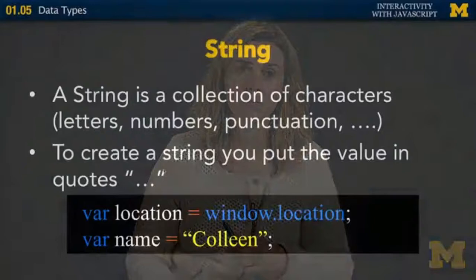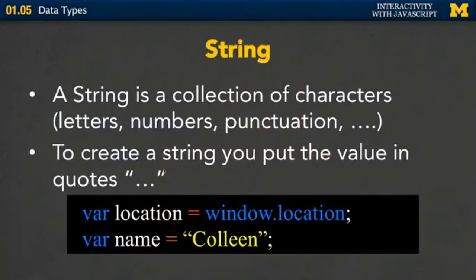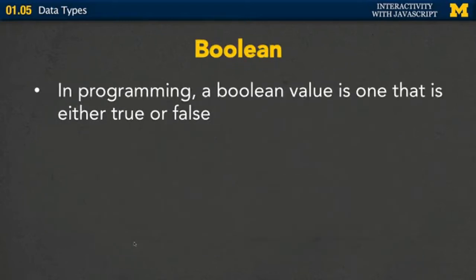Make sure you don't copy and paste, and instead you do the quotes directly from your keyboard, because the slant does matter. So in this case, I've done var location equals window.location, because it happens to be that that attribute is a string. Or in my second example, once again, I've just hard-coded it to something you might expect.